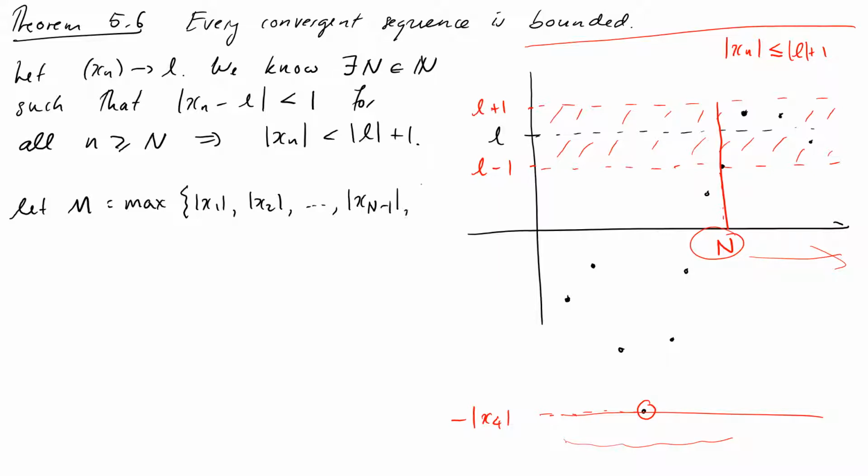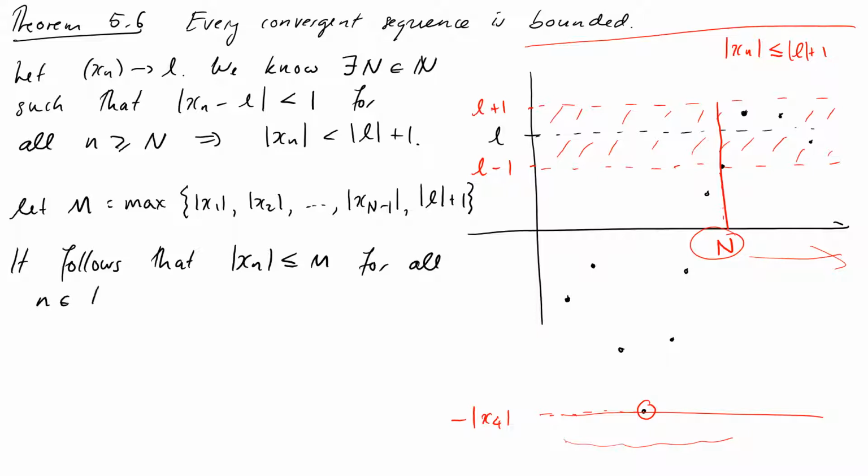And then the bound that I just figured out, the absolute value of L plus 1. It follows that the absolute value of xn is less than or equal to m for all n in our natural numbers.